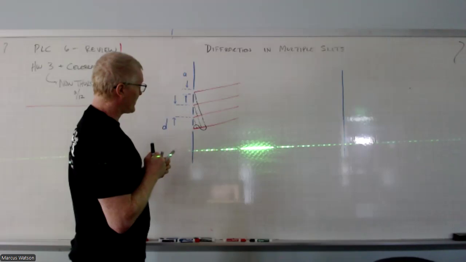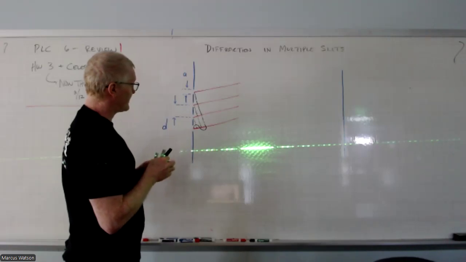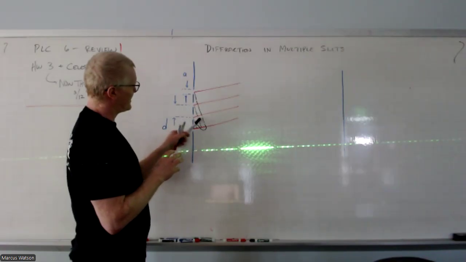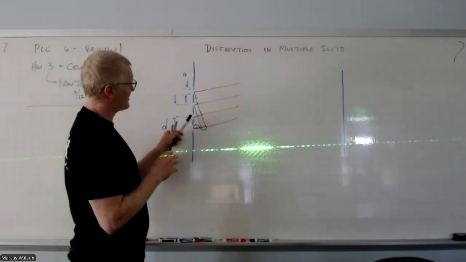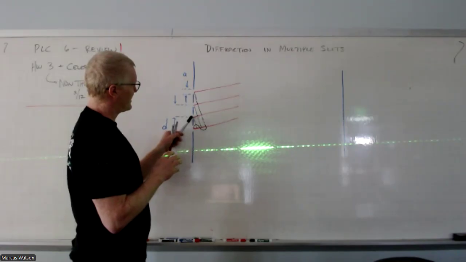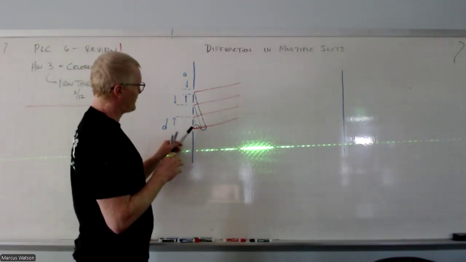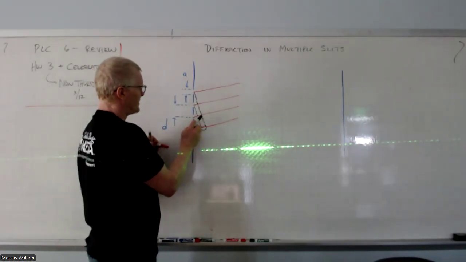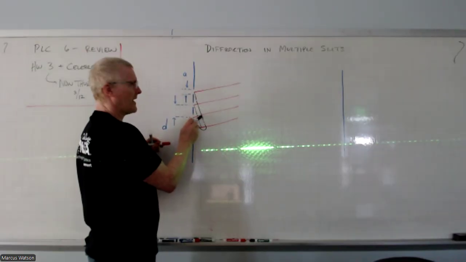I also am going to have another situation where if I did have this one being a half a wavelength off, then that means this one's going to be 2/3 of that, or 1/3 of that off of that.